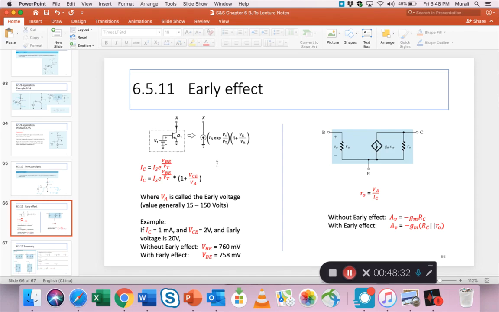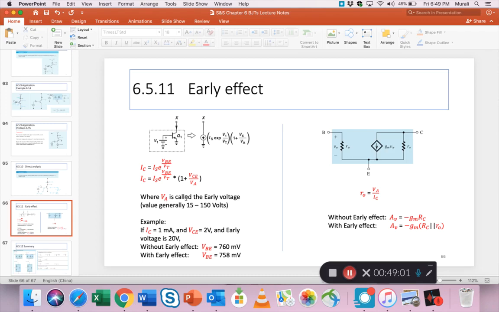So what is the early effect? Now we always pretend that the collector current is only depending on the base emitter voltage, right? We think nothing else matters. But what was discovered by Early is that the voltage Vx, which is the collector voltage, and something called VA, which has the name early voltage, it's a constant.